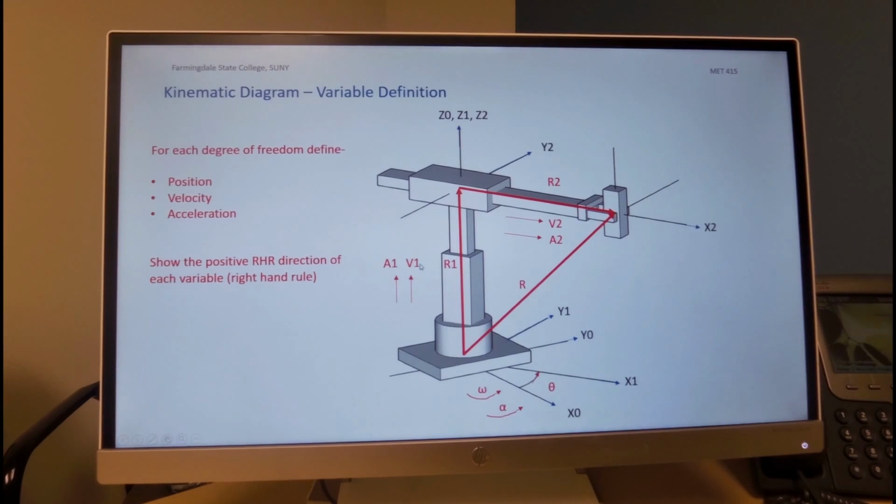Its rate of change in time is v1, and the second derivative or acceleration is a1. And we also have a position of the tool center point in coordinate system 2. We define that as r2, and we also define the velocity and acceleration in this coordinate system as v2 and a2.